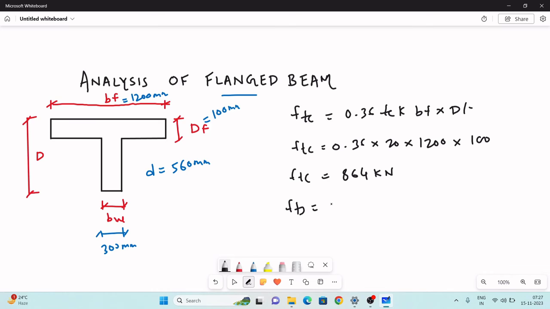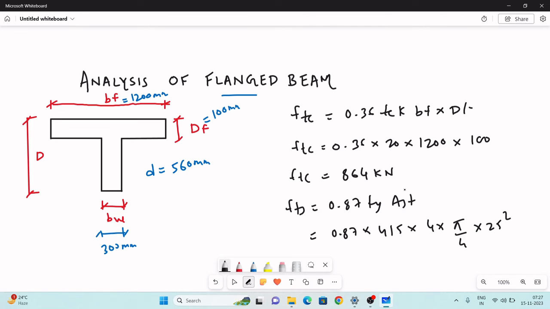Okay. FTS, the formula of FTS is 0.87 Fy AST, 0.87 into 415, the grade of steel is 415, into 4 bars of pi by 4 into 25 square. AST is given.